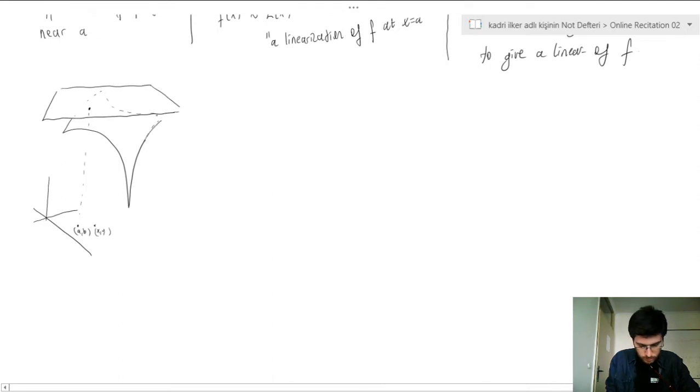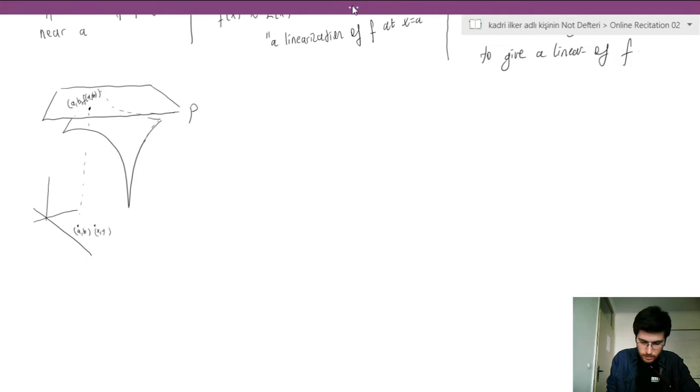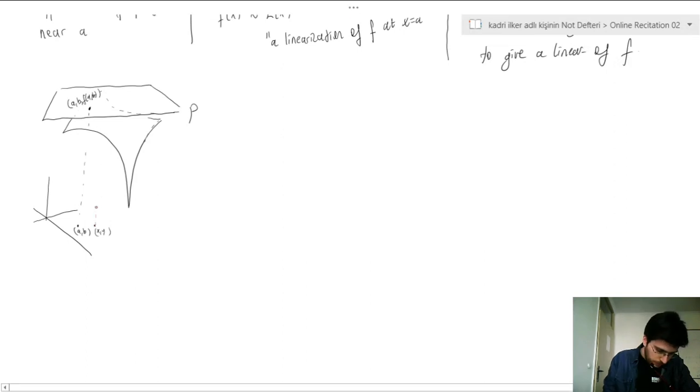So this point is exactly (a, b, f(a, b)). But now for any point near this (a, b), we compute, as we did in the previous tangent line case, a very close point, and this point is given by (x, y, L(x, y)). And this is exactly the tangent plane.